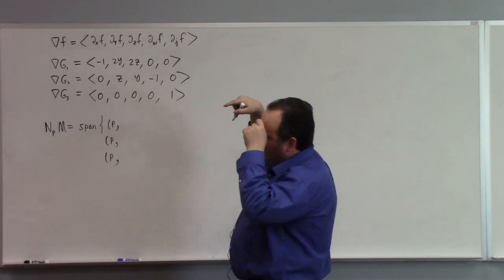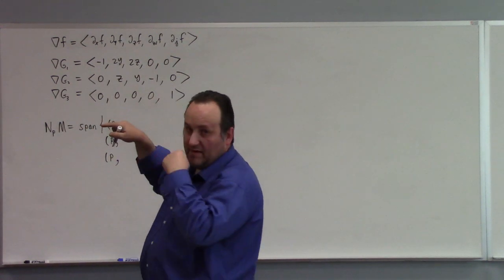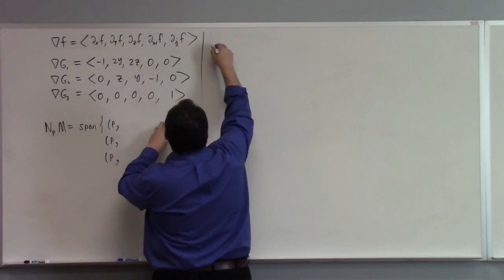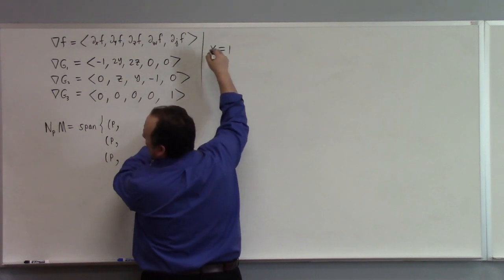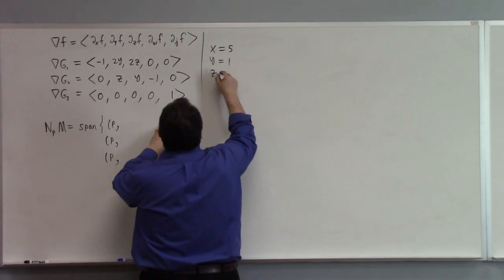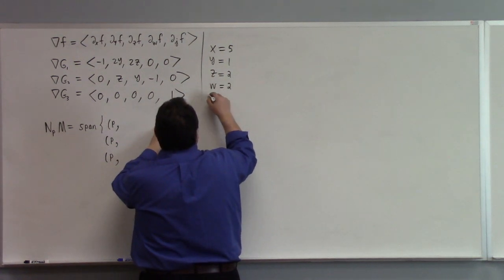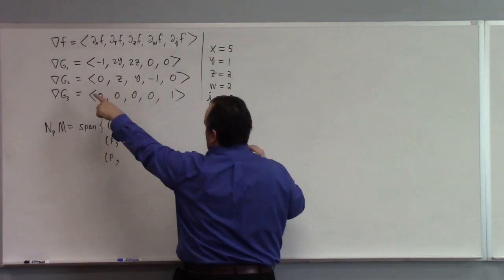But we're actually looking at the point 5, 1, 2, 2, 47, right? So x equals 5, y is 1, the next one's 2, the next one's 2, the next one's 47.